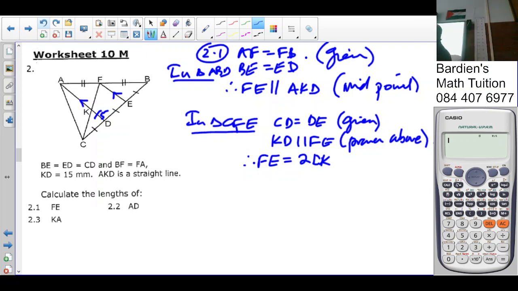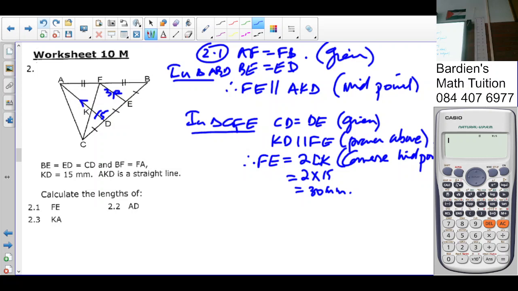Why? Because it's the converse of the midpoint theorem. So which makes that 2 times 15, which is 30 millimeters. There goes 30.